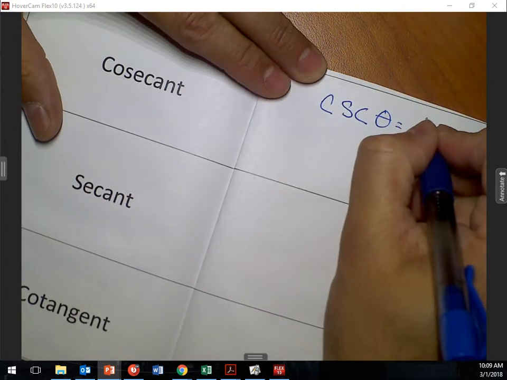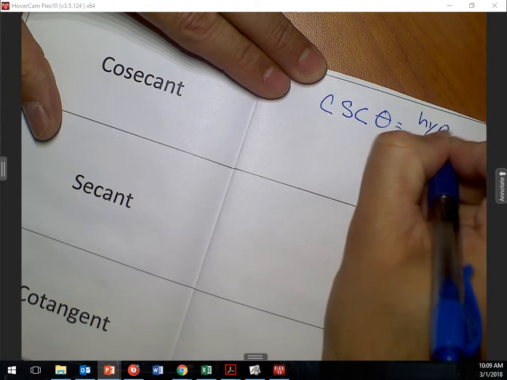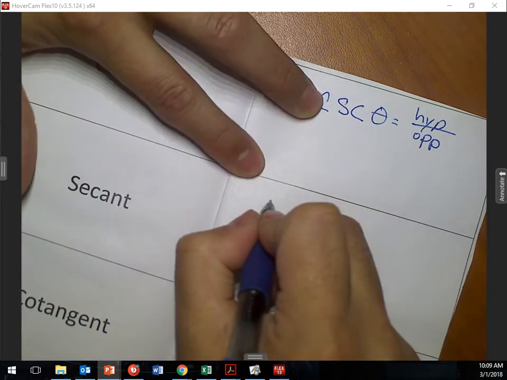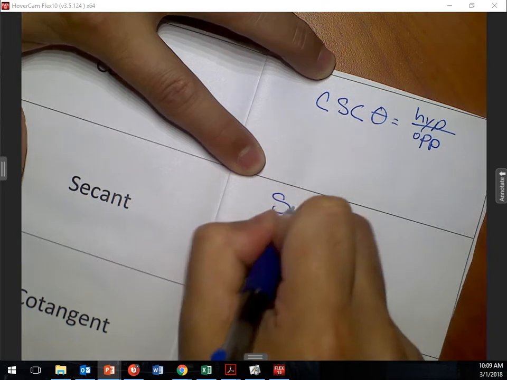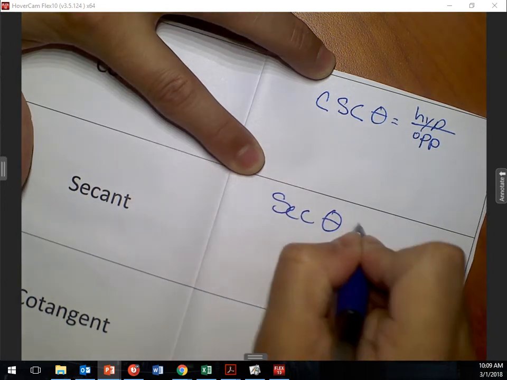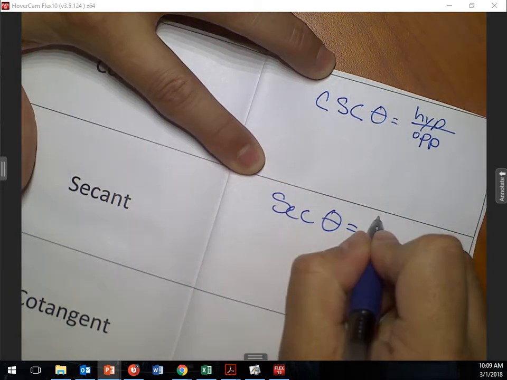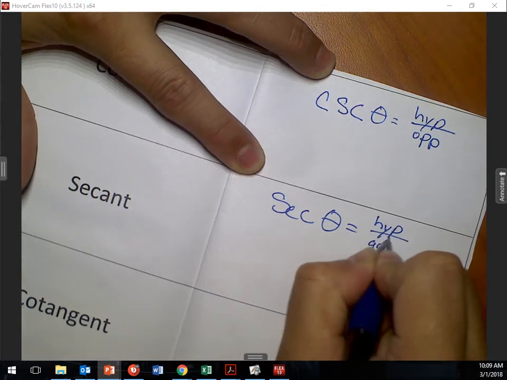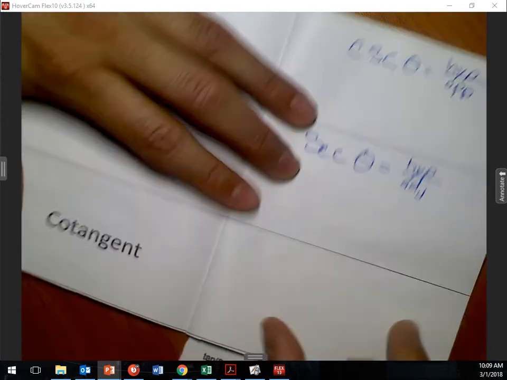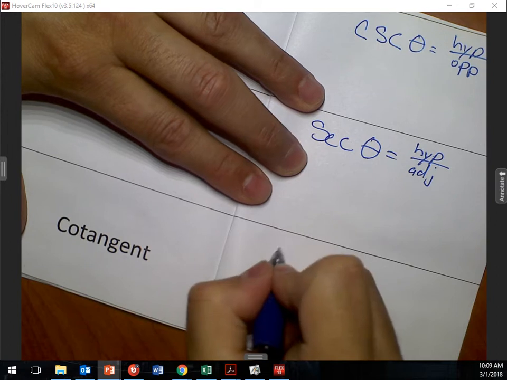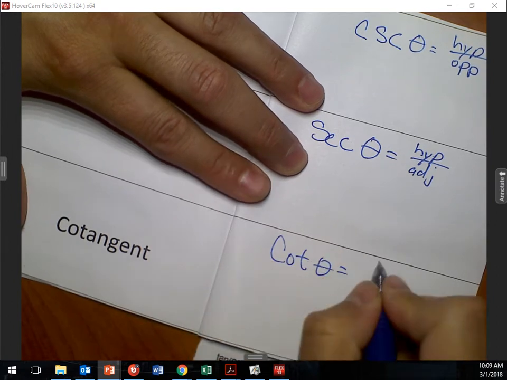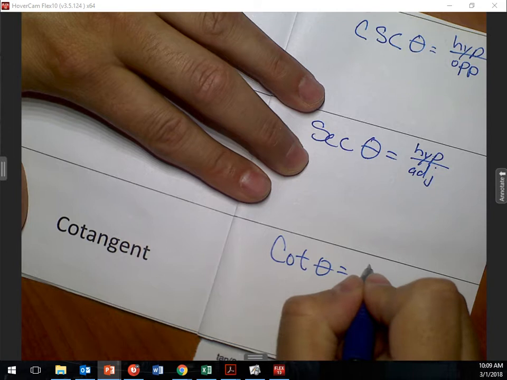It's hypotenuse over opposite. Secant. The abbreviation is SEC theta. And cotangent is abbreviated COT theta. Very good.